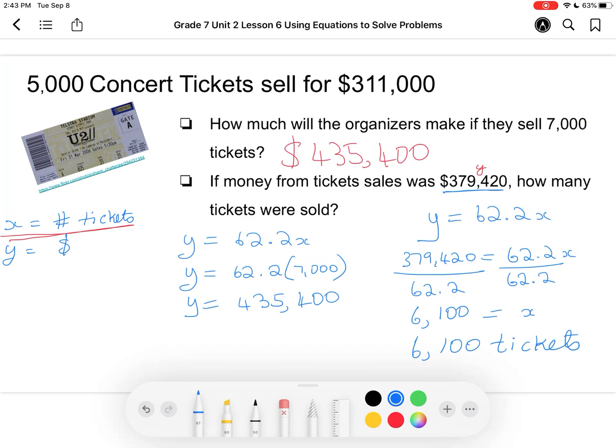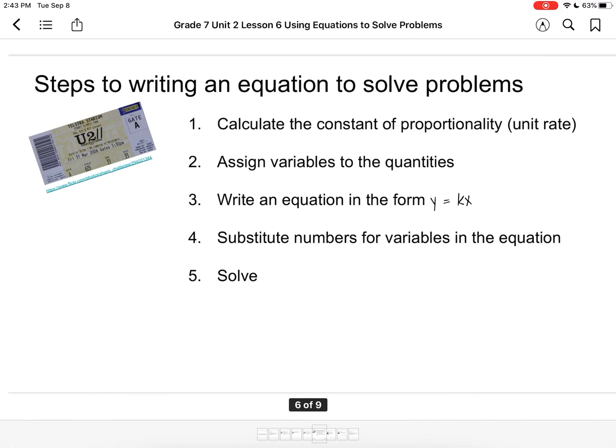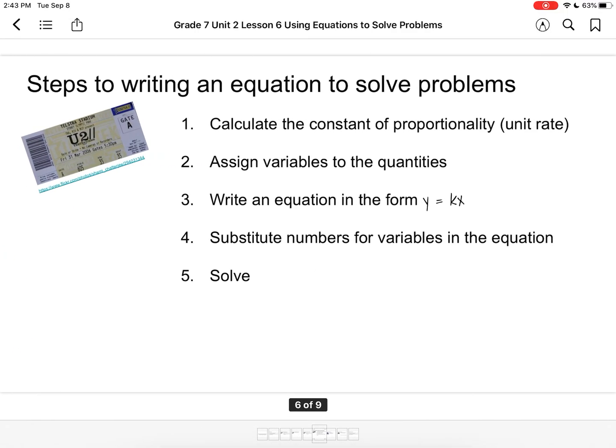So that's how we set up and solve an equation to solve problems. And you saw that the various values, the number of tickets, the money, and the constant of proportionality were all tied to X, Y, and K. So to summarize the steps, I first calculated the constant of proportionality.